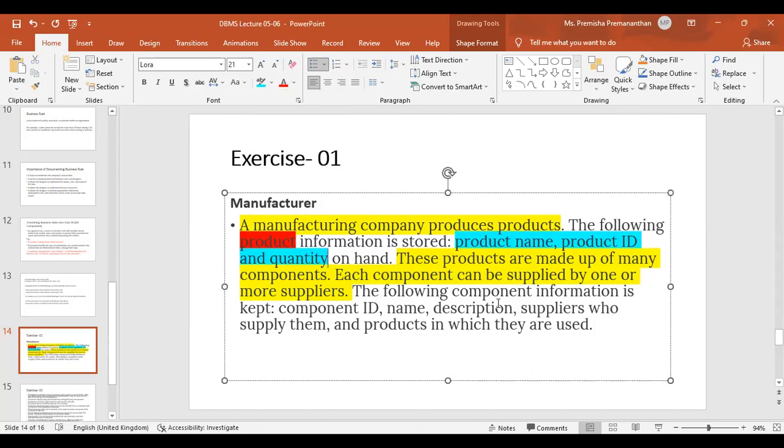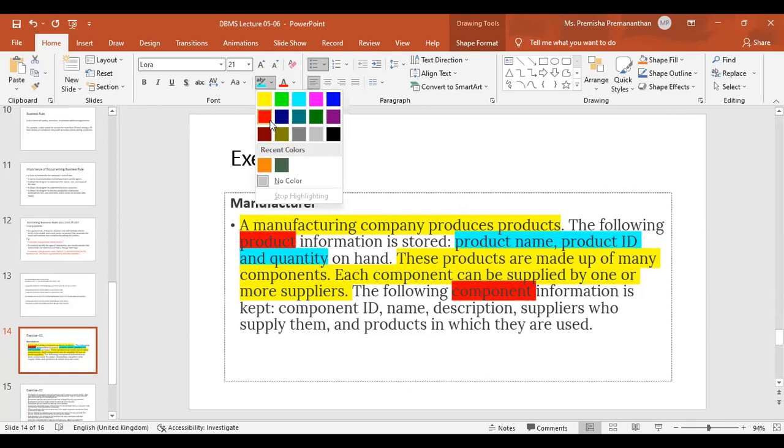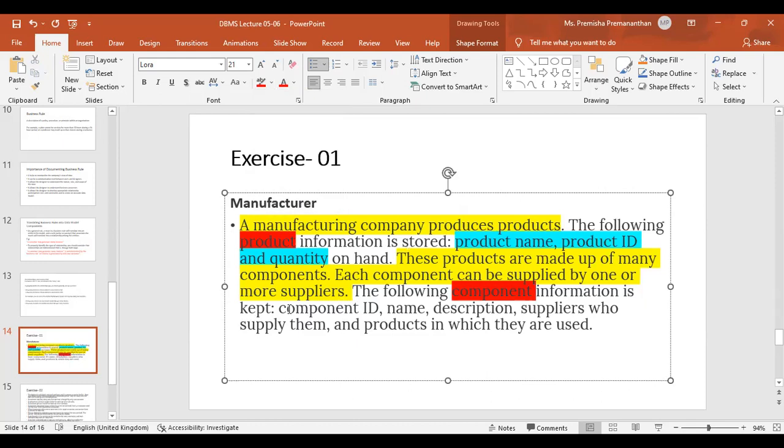And here component. So component is an entity, the second entity. And that component has some attributes: component ID, name, description, suppliers, and products.